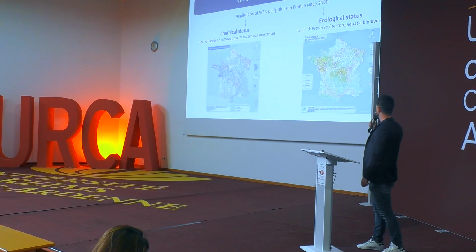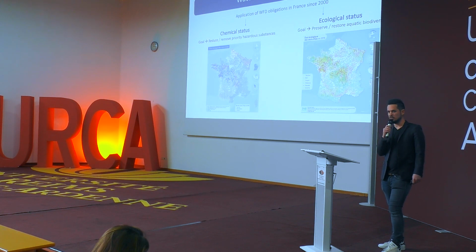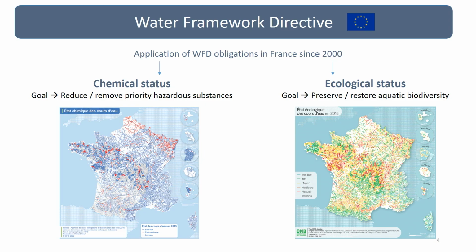This Water Framework Directive puts a strategy for monitoring chemical status, with a goal to remove priority hazardous substances in water, and a second strategy around ecological status, with a goal to preserve and restore aquatic biodiversity. So here on these two pictures, you can see a result of quality states in France during the last years.